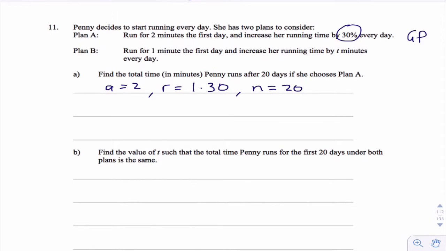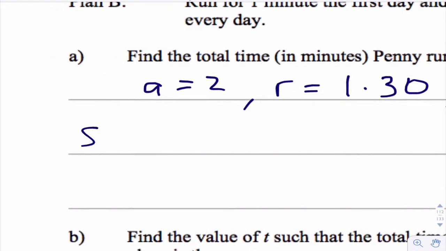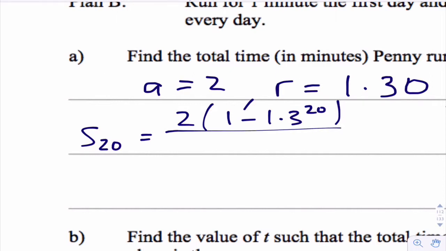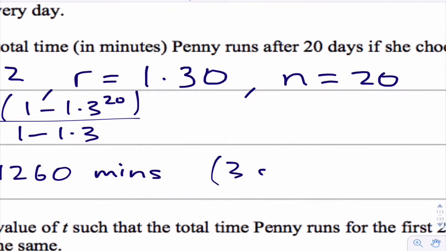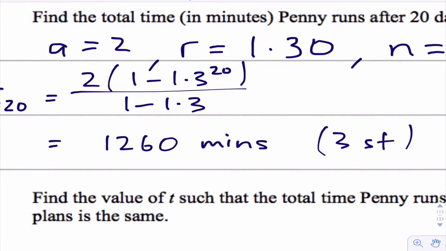So part A is your geometric formula. The sum of 20 days is A 1 minus r to the n over 1 minus r. You put that in your calculator and you get approximately 1,260 minutes. That's rounded to 3 significant figures, or in this case to the nearest 10 minutes.